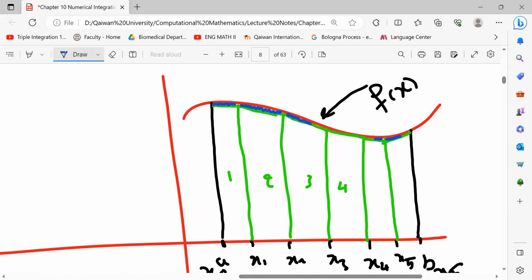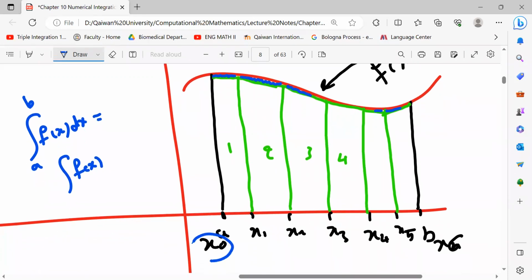Now we say the integration of f of x from a to b dx is the integration of f of x from x0 to x1, I mean the area of this part, from x0 to x1.